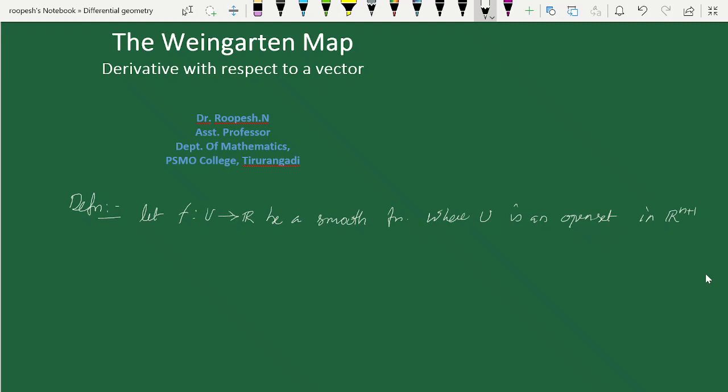and let a vector v belong to R^(n+1), and let p belong to U also. The derivative of f with respect to the vector v is a real number.